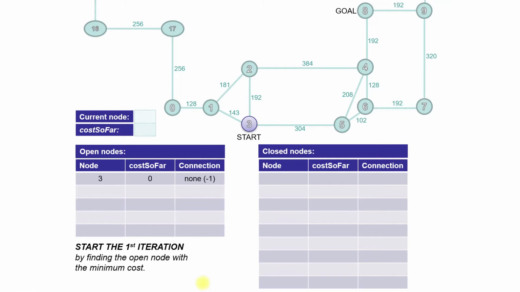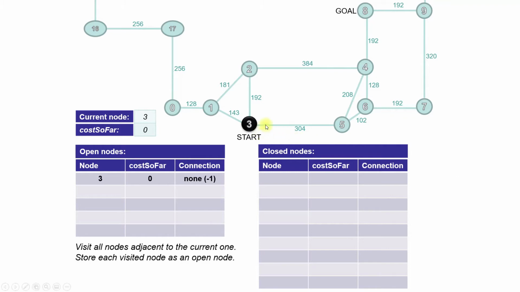Each iteration starts by finding the open node with the minimum cost. In this case it must be node number 3, which becomes our current node. Moving on, we will now visit all nodes adjacent to the current node and store each visited node as an open node.